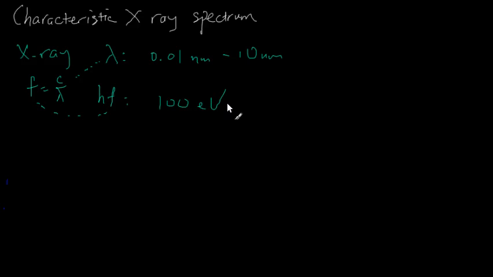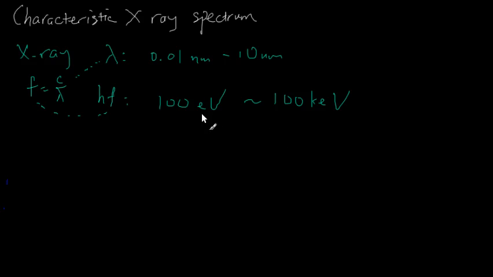Actually, it's 124 eV, but I'll just say about 100 eV. And a 0.01 nanometer wavelength would correspond to about 100 keV. So these are the kinds of wavelengths and photon energies that we are looking at.